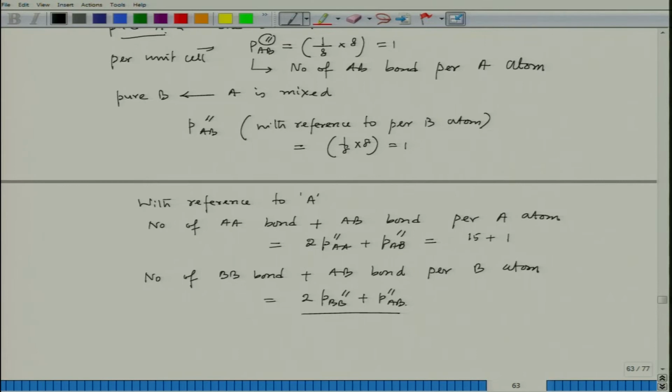So, now we have to consider Na number of A atoms and Nb number of B atoms.